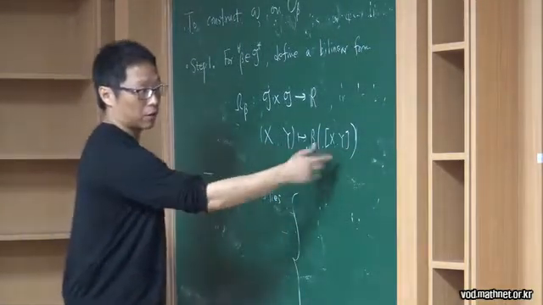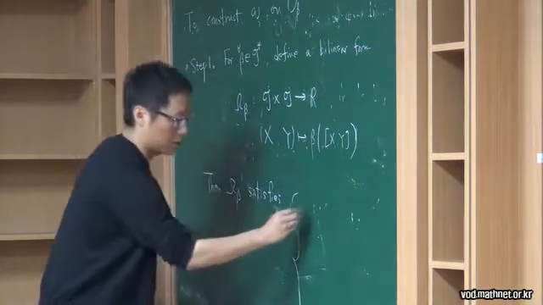It is skew symmetric, obviously, because the Lie bracket is skew symmetric.